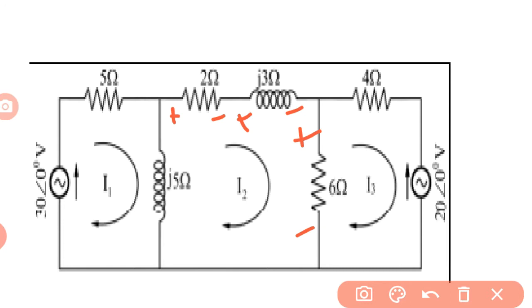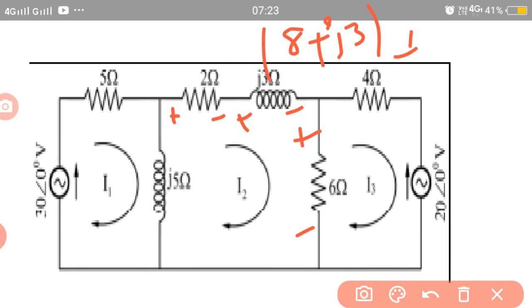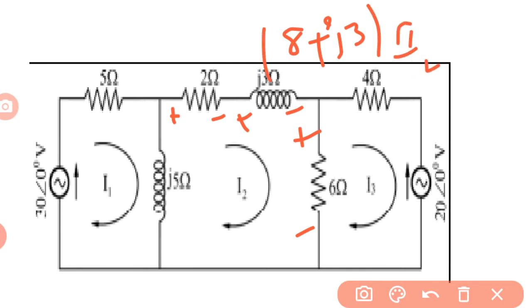The total self impedances are 2 ohms, j3 ohms plus 6 ohms, and 2 plus 6 is 8 plus j3 into I2. Next, the mutual impedance between loop 2 and loop 1 is minus j5 into I1. Between loop 2 and loop 3 it is 6 ohms, minus 6 into I3.